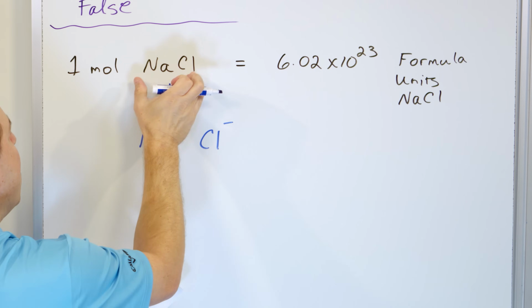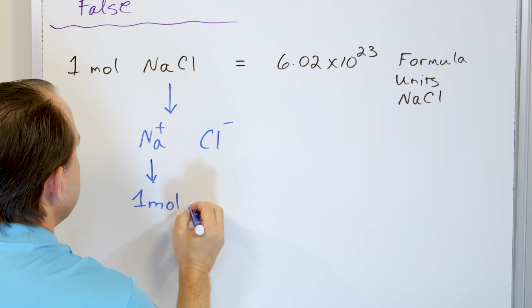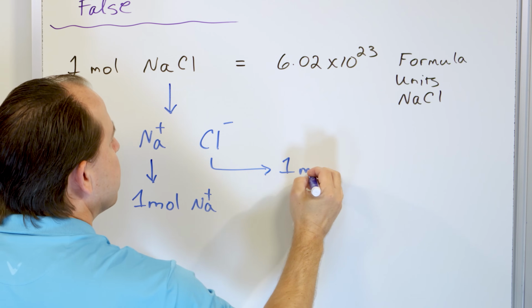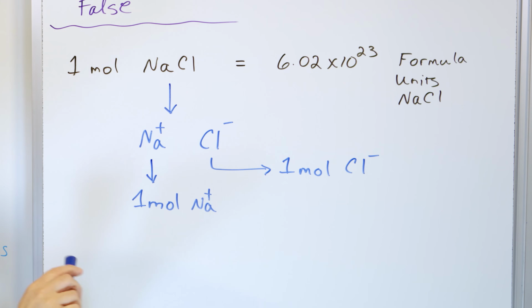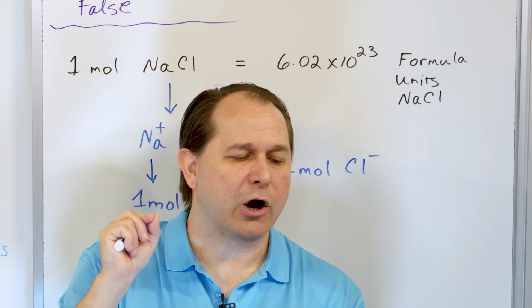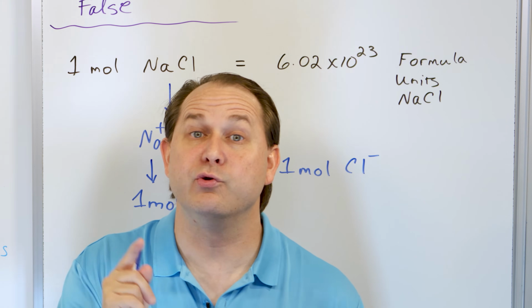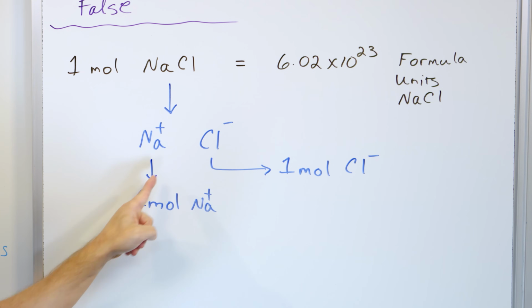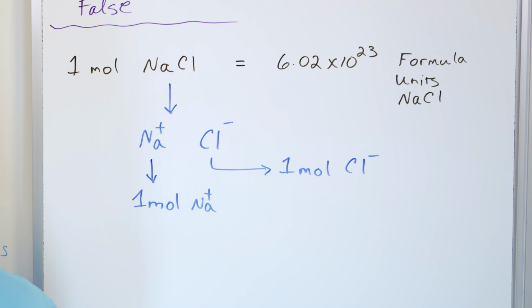If I have 1 mole of this grouping, then I must have 1 mole of sodium ions and 1 mole of chlorine ions. Therefore, I have 2 moles of ions. So the answer to the question is true. This one is true.